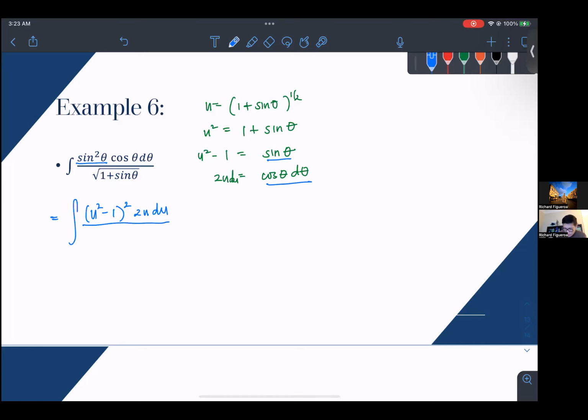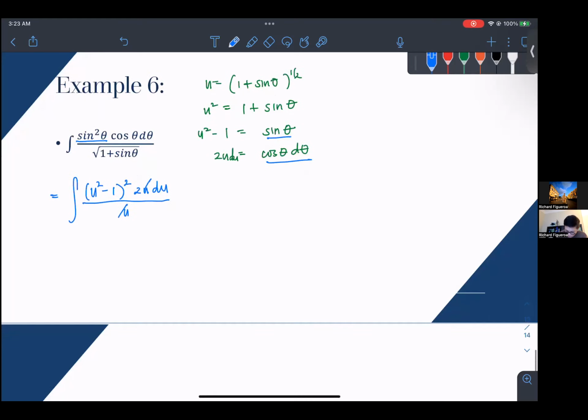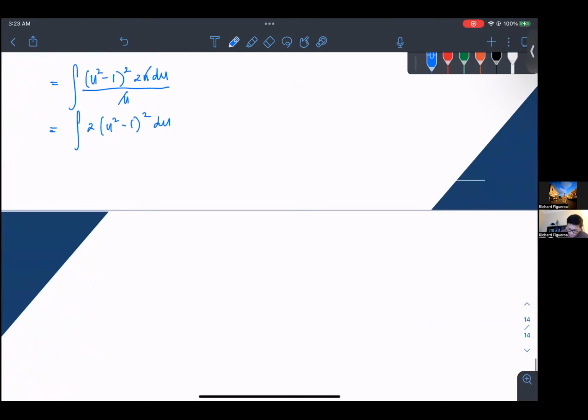And divide it with the square root of 1 plus sine theta, which is just u. So this would cancel out. I'll have 2 times u squared minus 1 raised to 2 du. Then we can expand. This one will become u to the fourth minus 2u squared plus 1 du.